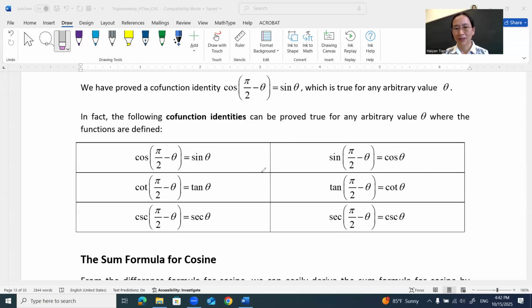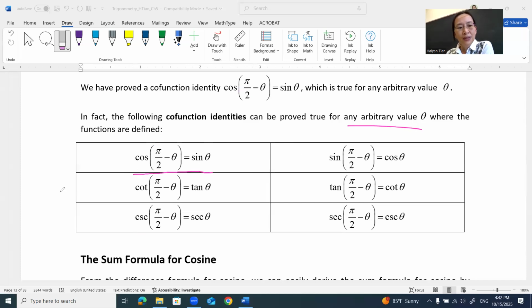That means you can read this as radian measures, right? Half of pi. Theta is any real number that is in the domain of the respective functions. So this is still true.